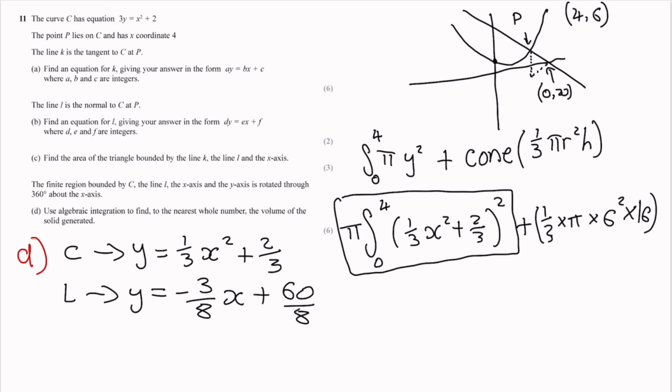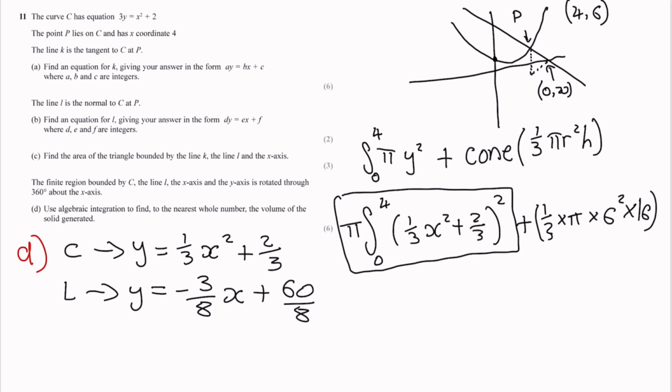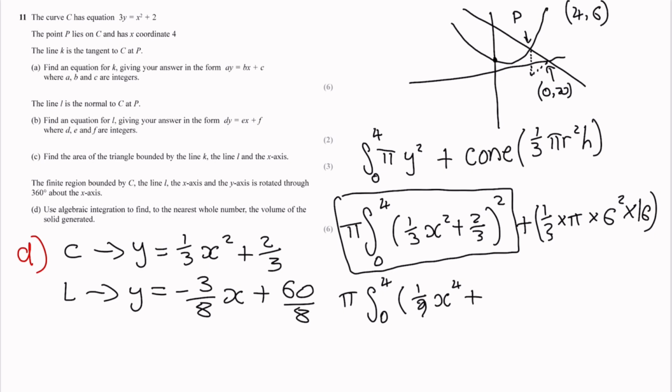Now if we square that, we're going to get 1/9 x to the power of 4 plus 4x squared over 9 plus 4/9 dx, and then remember to plus the cone on the end.